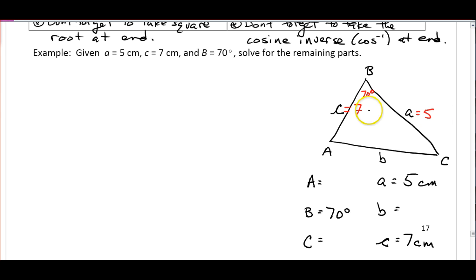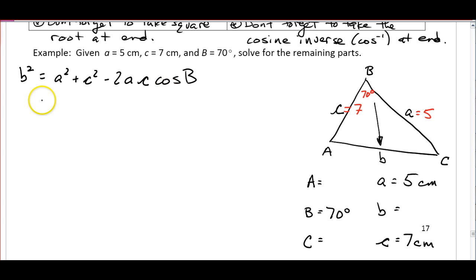So in my picture I can say I have two sides and the included angle, and what I'm going to do is find side B. So if I go back and look at my formulas, I see that b squared is a squared plus c squared minus 2ac times the cosine of angle B. Because I have a and c, and I also have angle B, I have everything I need in this formula.